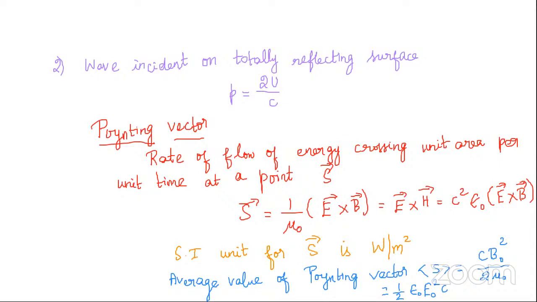Now I will give you some formulas related to radiation pressure. So radiation pressure means radiation falling on the surface actually imparts momentum to it, and due to the momentum you are getting some pressure on the surface. That is called radiation pressure.